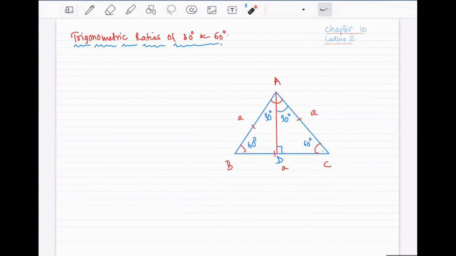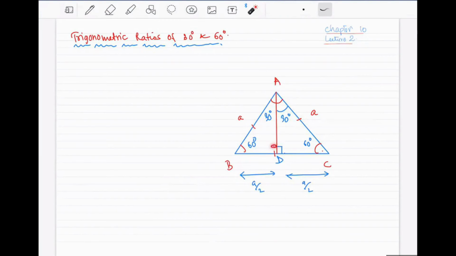So let's not write the length of this whole portion as A. I will write this portion to be A by 2, this portion to be A by 2. How much is the total of A by 2 and A by 2? We will get A, right? So how much is BD? BD is A by 2. How much is DC? DC is also A by 2. I'm not writing A anymore.